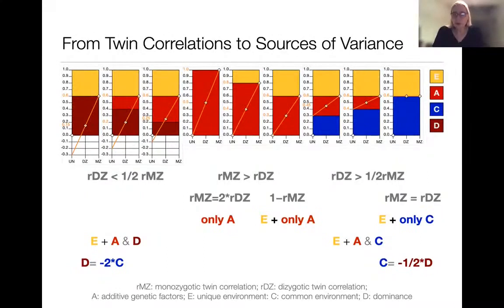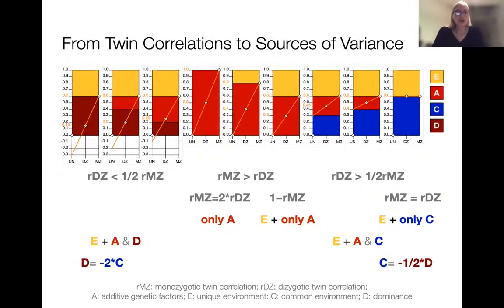Now, this may not be biologically very plausible. It's unlikely to have an interaction between alleles without having a main effect, but it's not impossible to observe correlations of that nature.